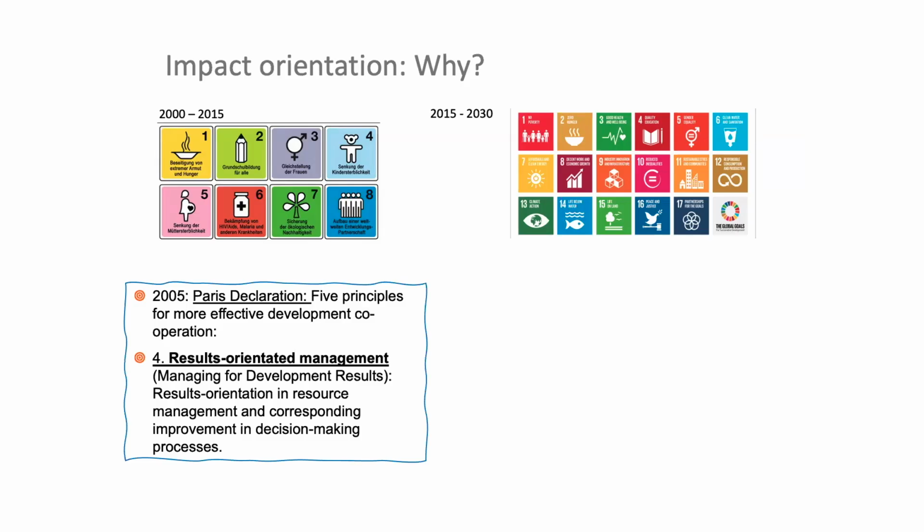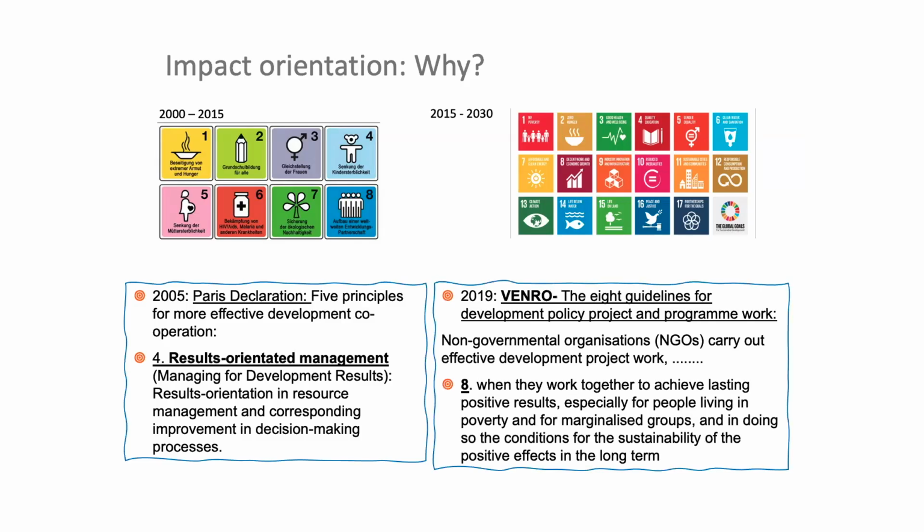And so also Venro, in its 8 guidelines for development policy project and program work, has taken up this claim, and it states that non-governmental organizations carry out effective development project work when they work together to achieve lasting positive results, especially for people living in poverty and for marginalized groups. And in doing so, they create the conditions for the sustainability of the positive effects in the long term.